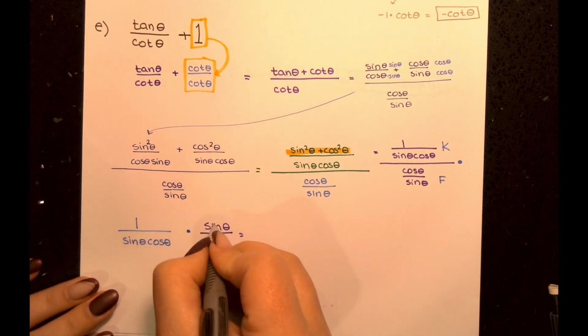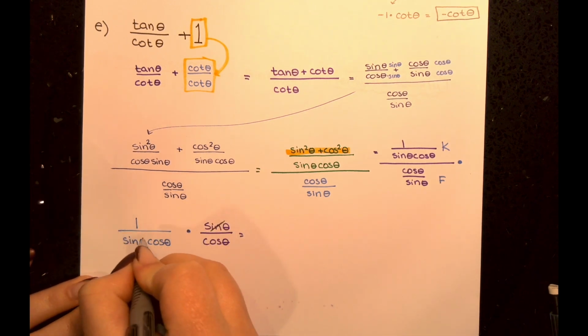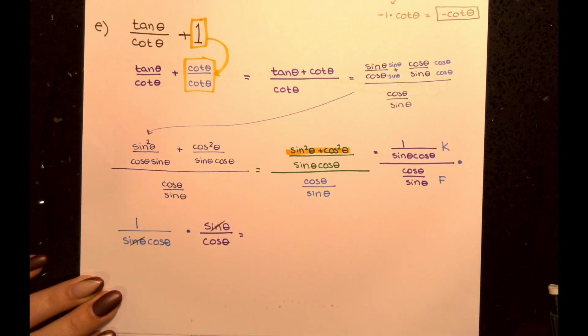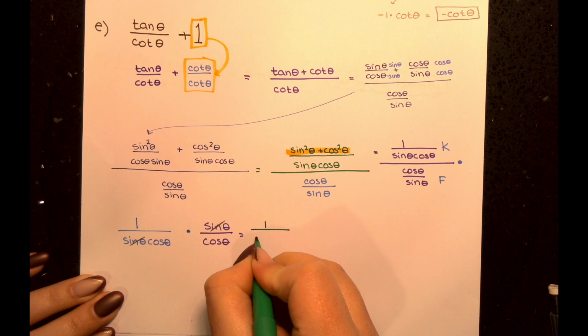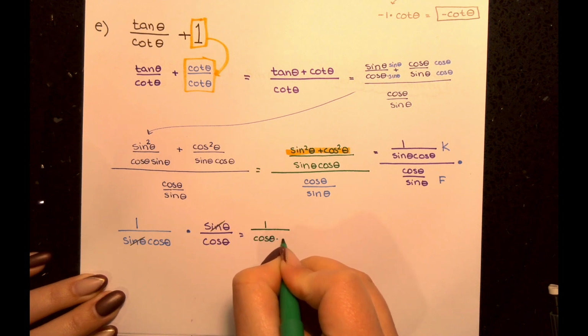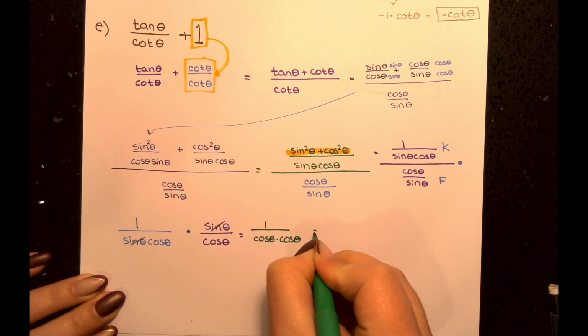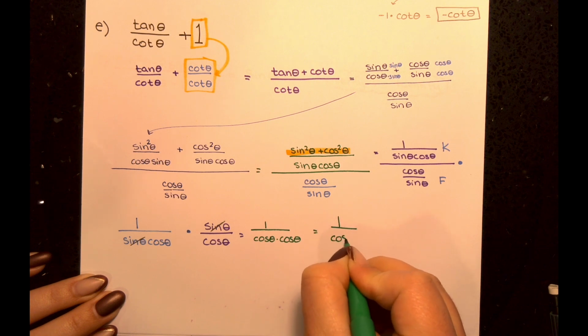Yes, you can divide because we have multiplication and division. So we're left with 1 over cosine of theta times cosine of theta, which we can just write as cosine squared of theta.